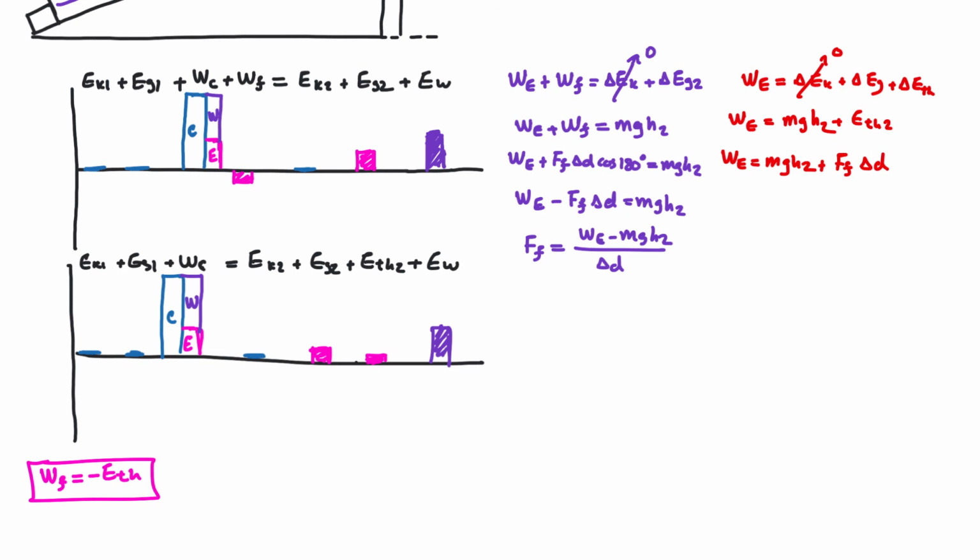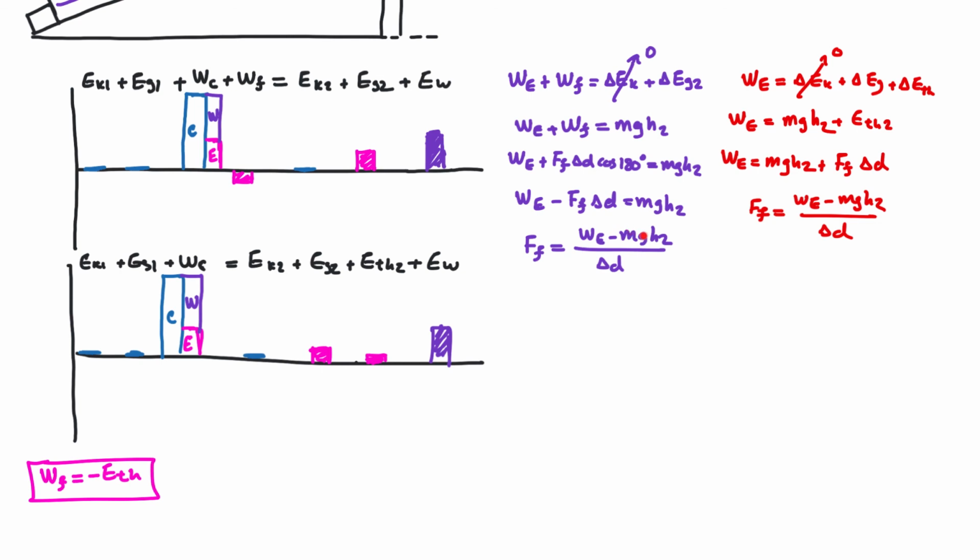And same thing on this one. Force of friction is going to equal, I'm going to subtract mgh2 from both sides and divide by the distance. Exact same equation. Obviously, doing the question properly using any method will yield you the proper answer. And in this case, I personally don't have any preference on whether you use this method or this method. All right, so we need the force of friction.